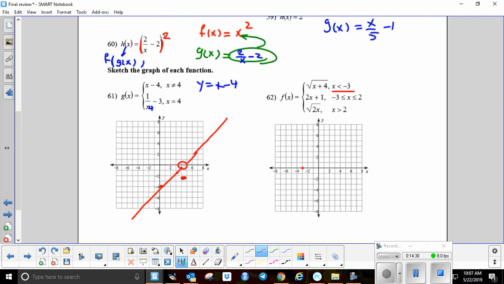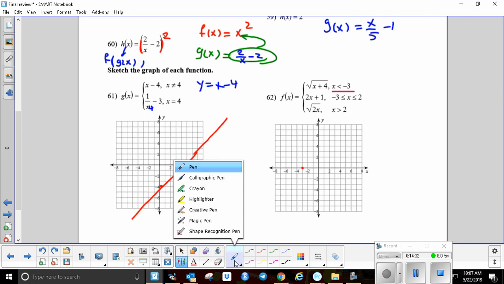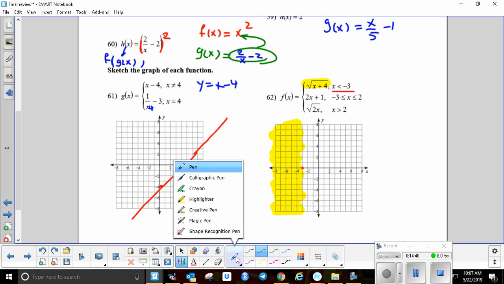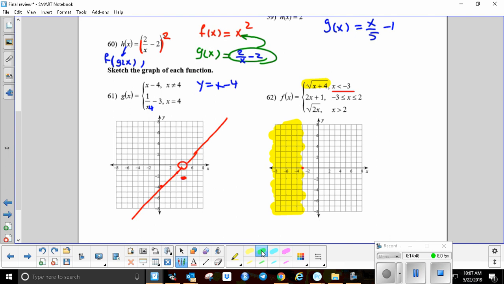I'm going to graph something. And that would be for negative 3 to 2. This section. I'm going to graph that.